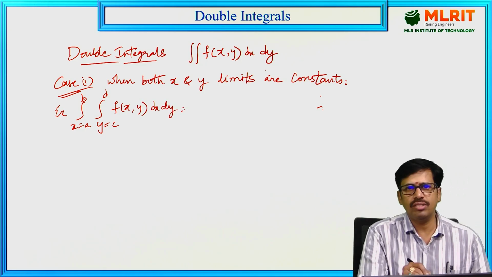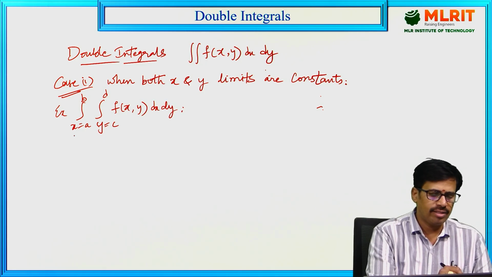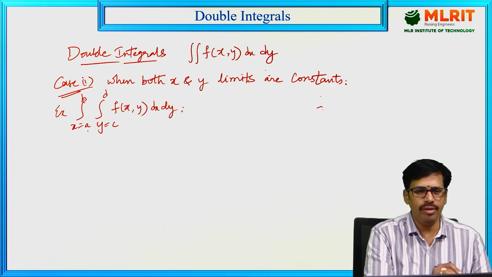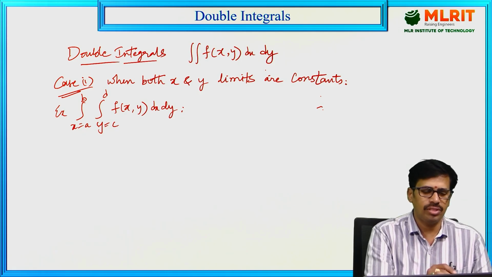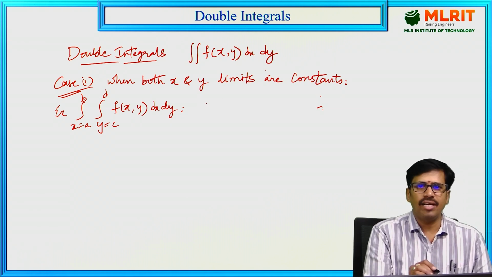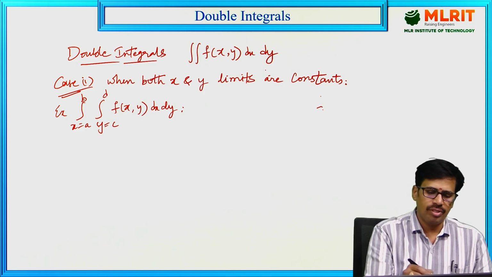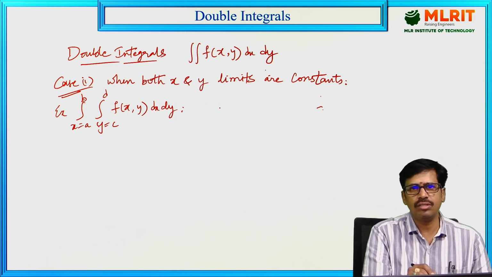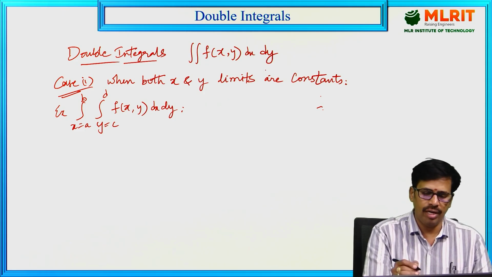To evaluate this double integral, see the limits. X limits are varying from a to b, y limits are varying from c to d. Evaluate this double integral. Both x and y limits are constants, so let us represent this double integral geometrically.